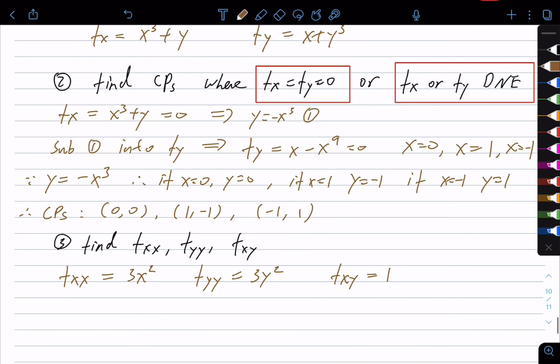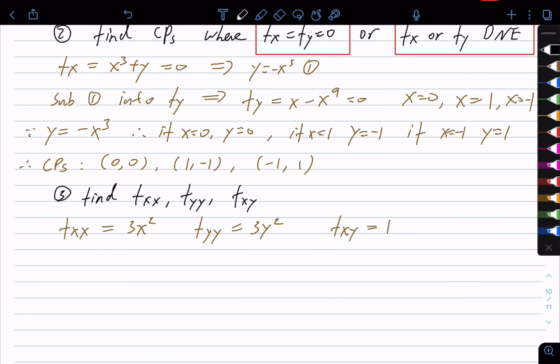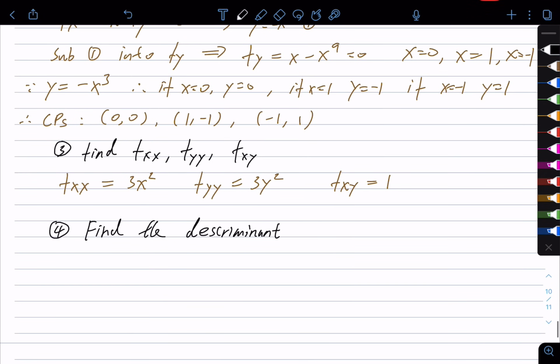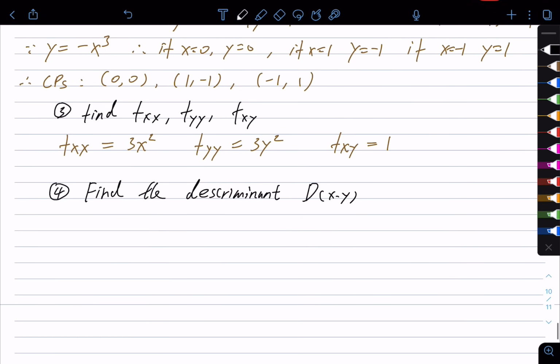Okay? The fourth step is, now we have enough information to find something called the discriminant. The discriminant D(x, y) equals fxx times fyy minus fxy squared.